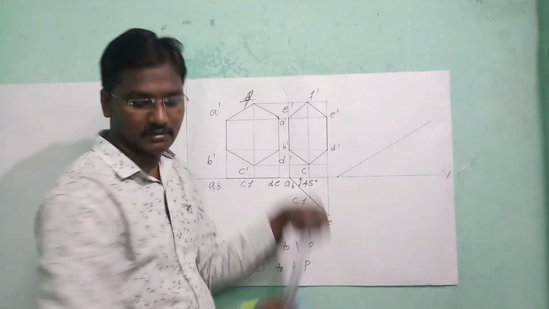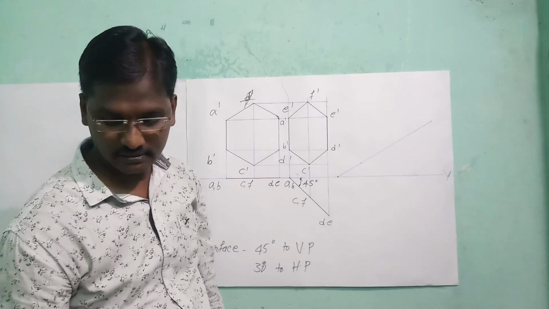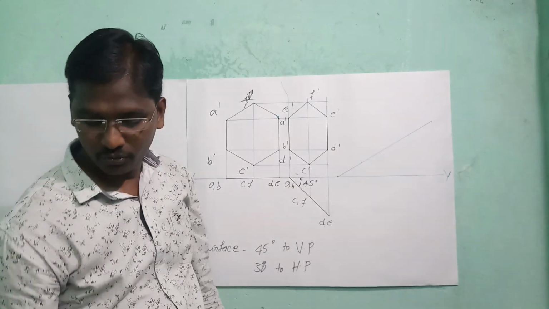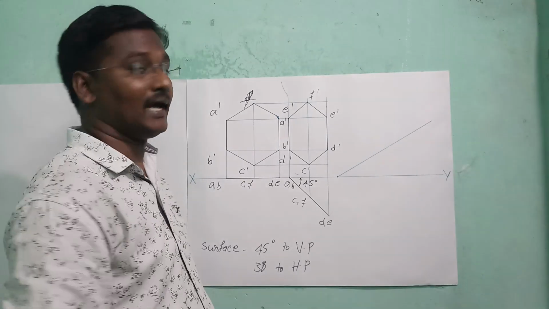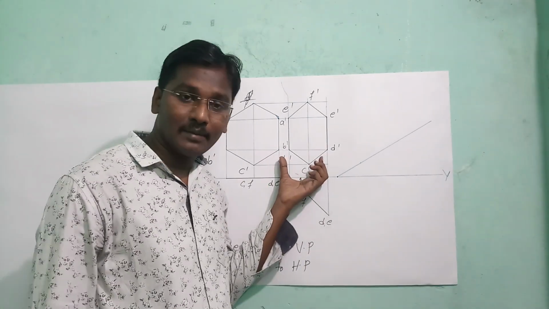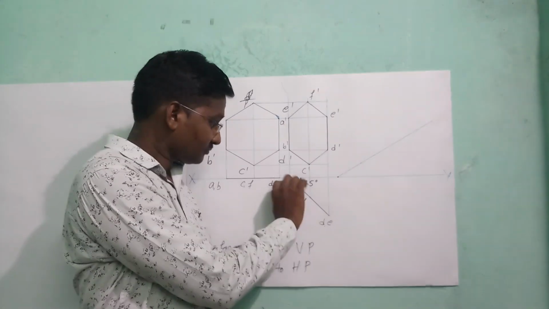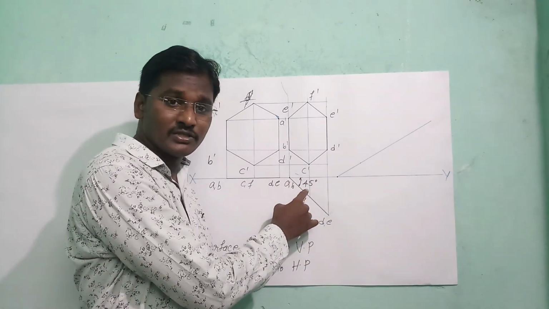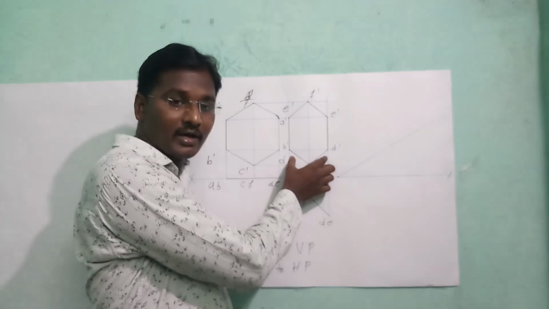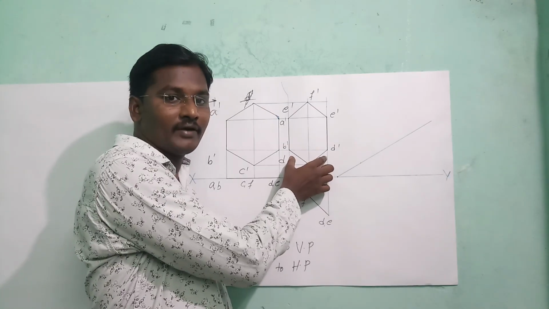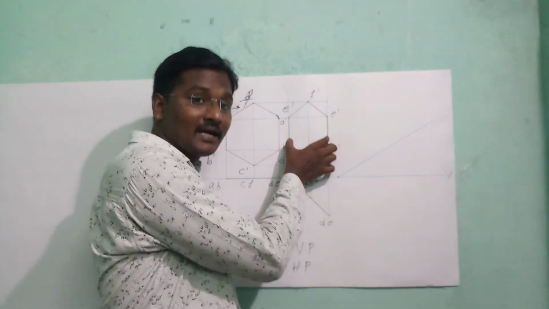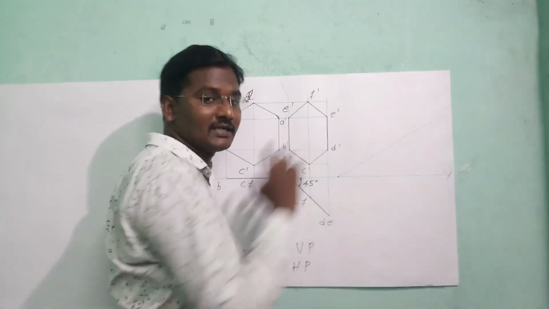Draw a line like this. Next, how to construct the diagram here. Whatever second position we are observing, that is, the surface inclined at 45 degrees to VP, that diagram, whatever we are looking at from the front view, we have to construct here.